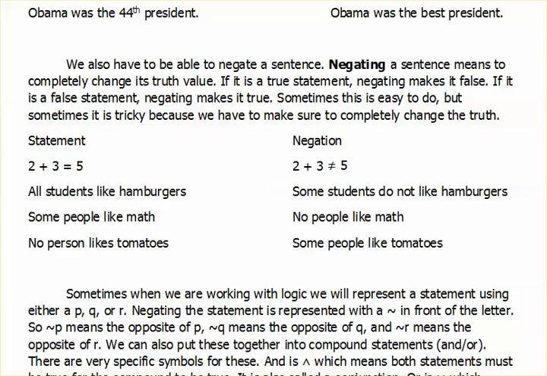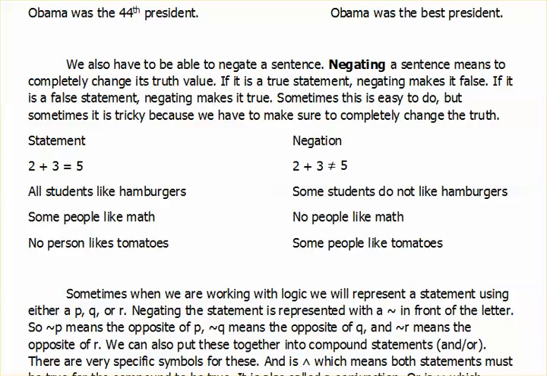So if it was a true statement, we make it a false statement. If it was a false statement, we make it a true statement. Sometimes it's not difficult at all. Sometimes it's real easy to do, but then sometimes it gets pretty tricky because we have to make sure to completely change the truth value, and that can get a little bit hairy.